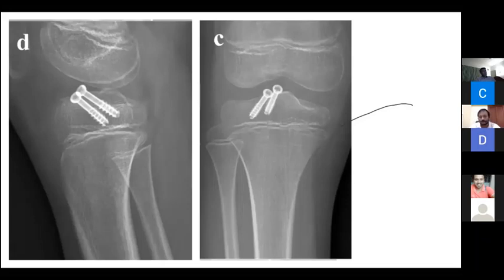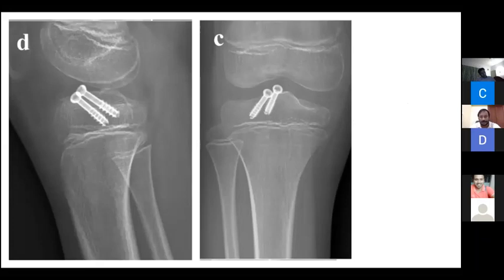What else can you say about the fixation? Is it a good fixation? So the fracture is reduced, but the screws are not well inside. If they wanted, they could have gone for headless screws. We should have gone from below up rather than up to down, because this is intra-articular.